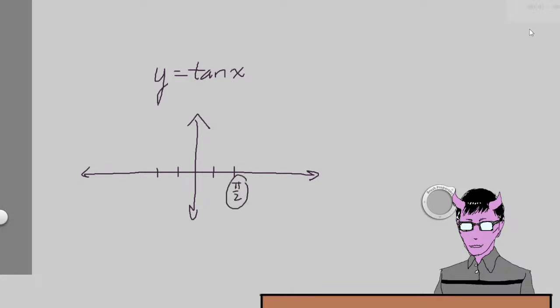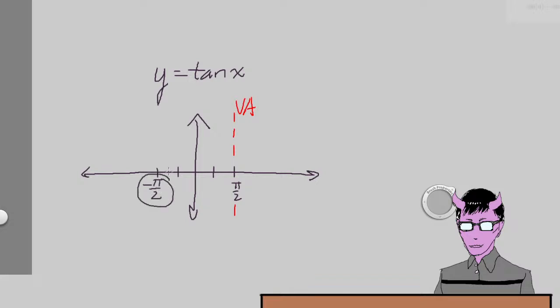Why is that? Because that's going to be the first vertical asymptote, which causes the bottom of the fraction, because tangent is just sine over cosine, cosine of pi over 2 is 0. And you can't divide by 0. So hence vertical asymptote. And of course, to the other side, negative pi over 2, that's also a vertical asymptote.